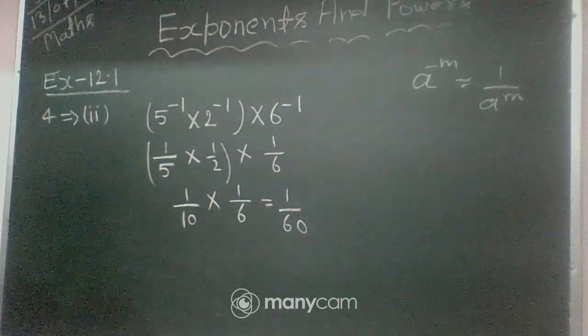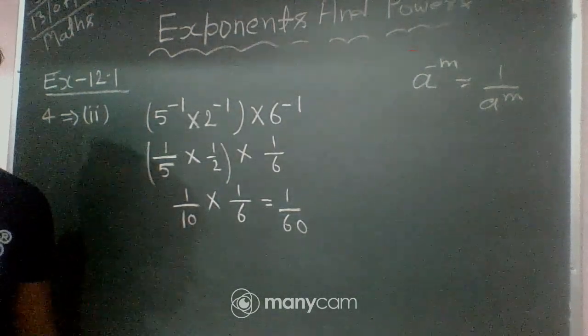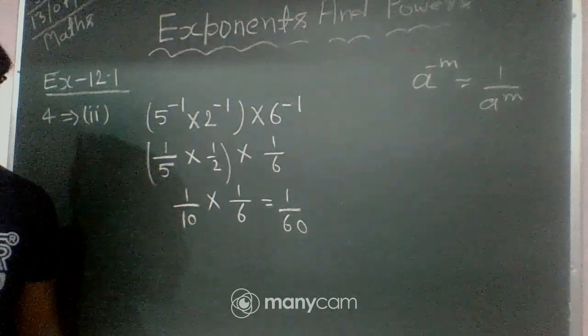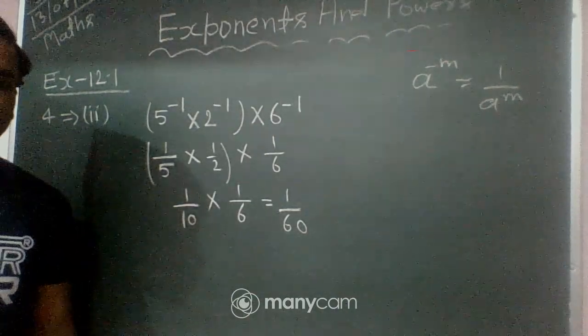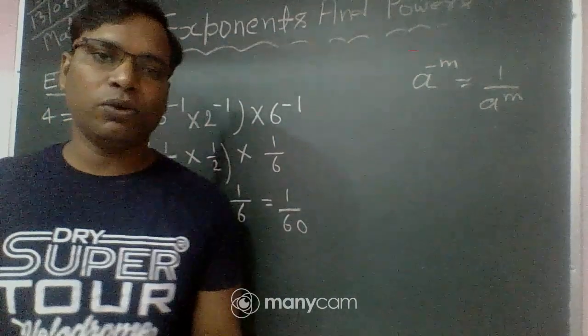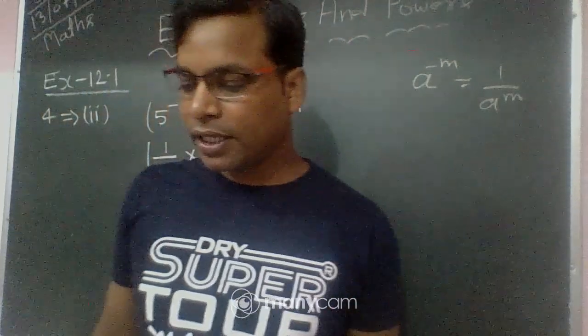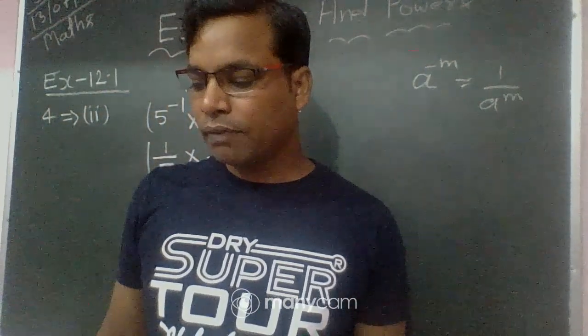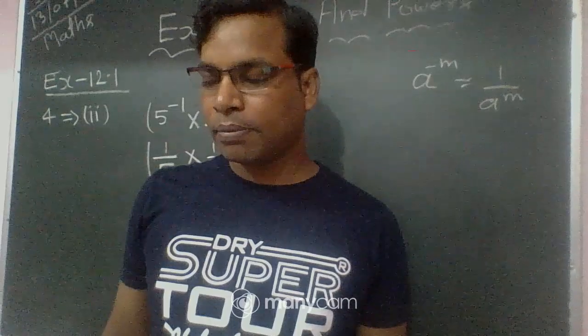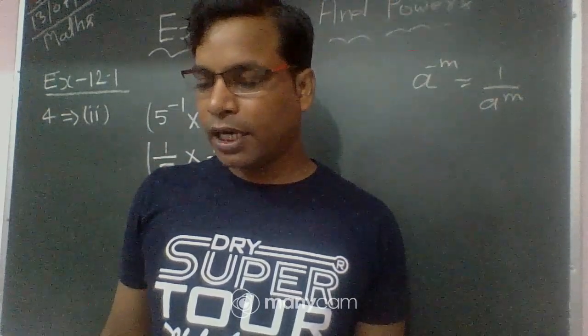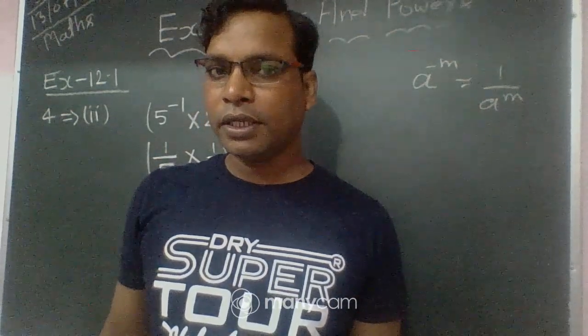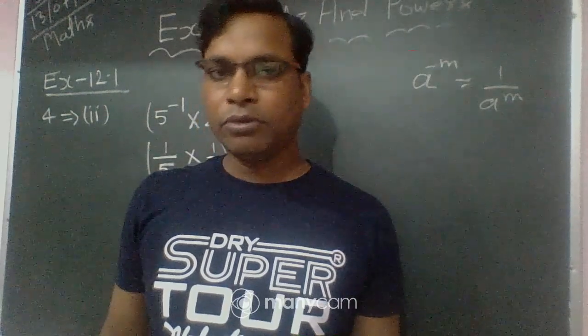Now we are going to discuss question number 5 of this exercise 12.1. Question 5: find the value of m for which 5 to the power m divided by 5 to the power minus 3 is equal to 5 to the power 5.